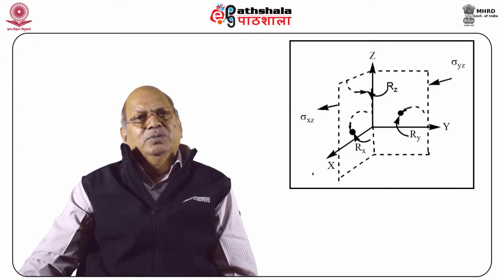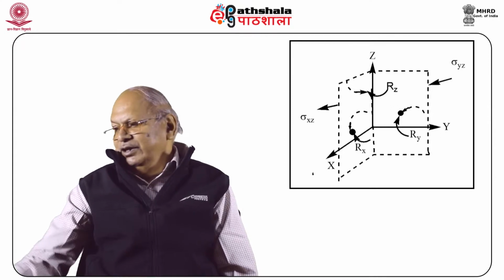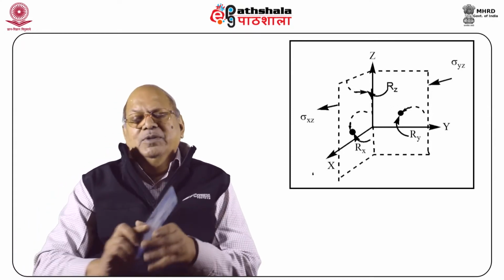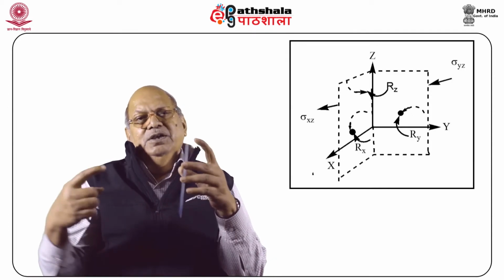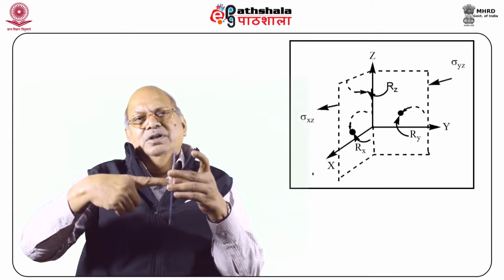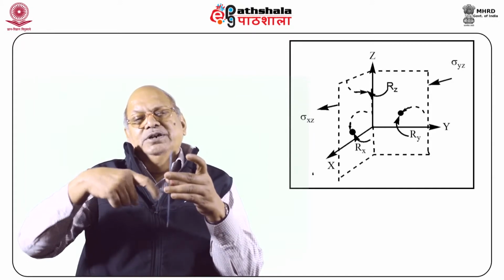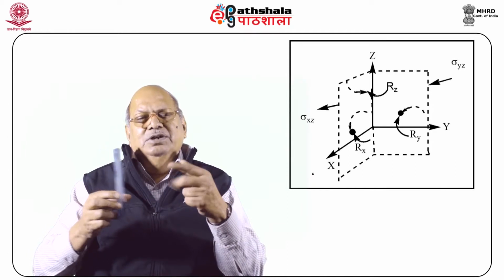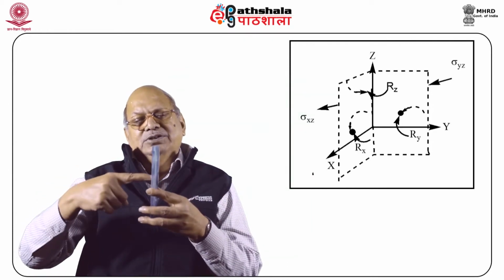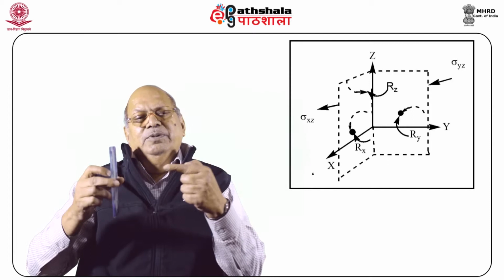Let me explain one of these. If I take this as the mirror plane, say sigma xz, and my arrow strikes over here, in the mirror the arrow will look like it is coming out of this. Here the arrow strikes like this, and in the mirror it will look like this.